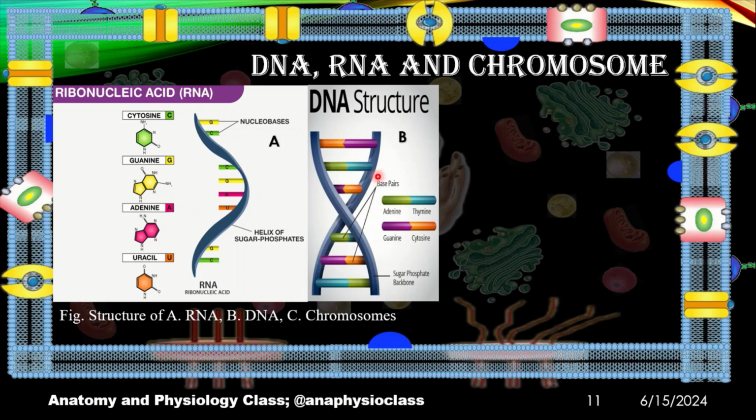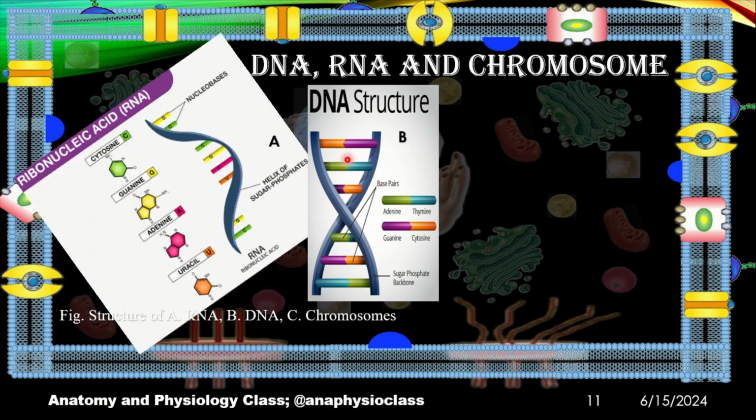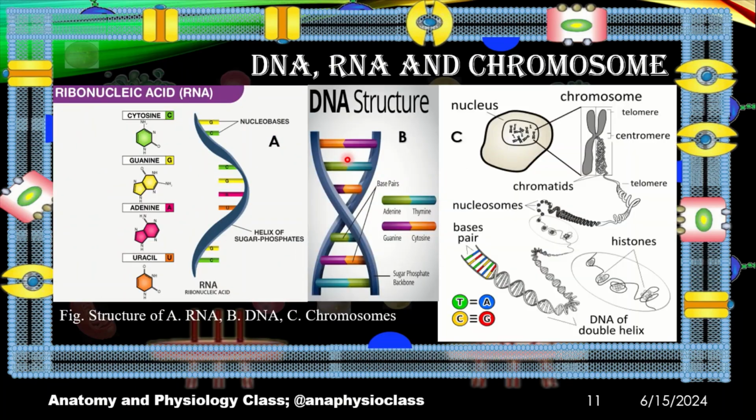DNA can be found inside the nucleus. It can also be found within the mitochondria, as I said earlier, where we have the mitochondrial DNA. So what is a chromosome?